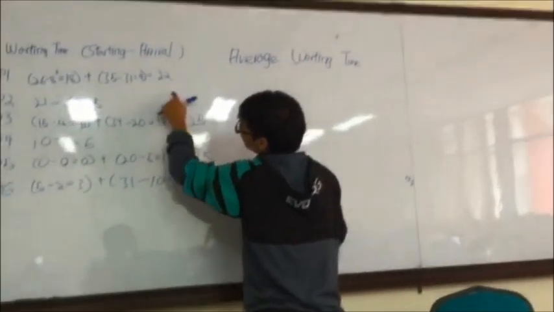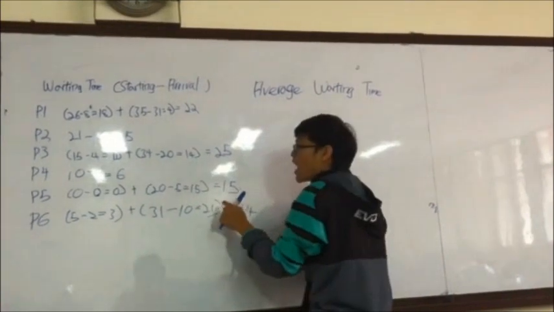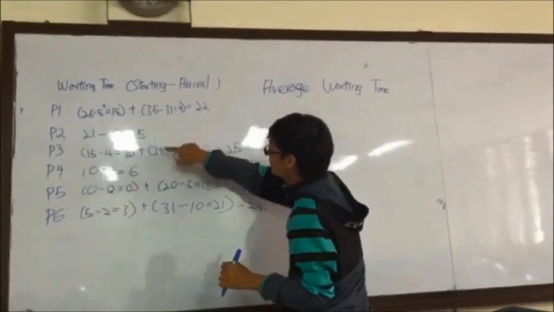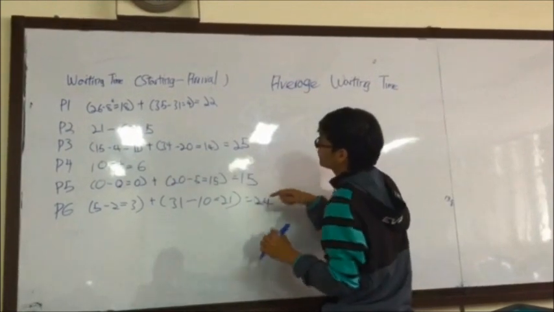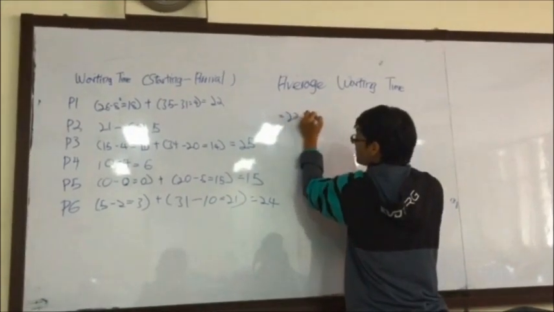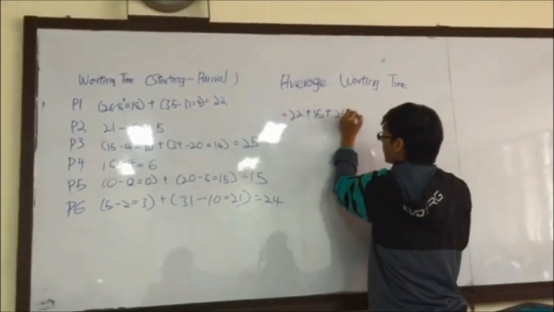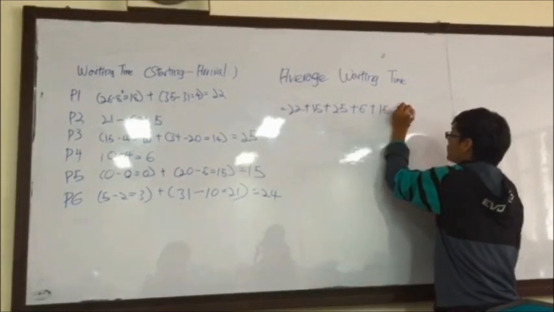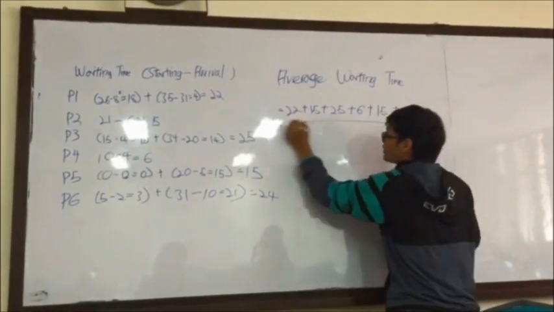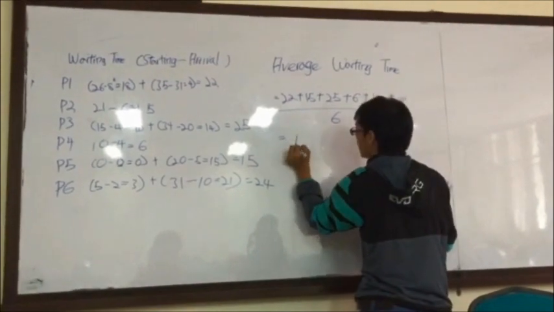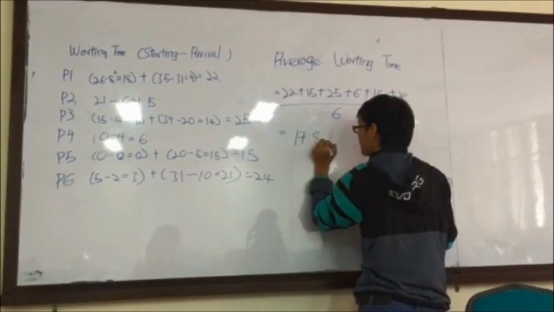We combine all the waiting times and divide by the number of processes in the question. In this case, we have 6 processes, so 22 plus 15 plus 25 plus 6 plus 15 plus 24, divided by 6 processes. The final answer is 17.8 milliseconds.